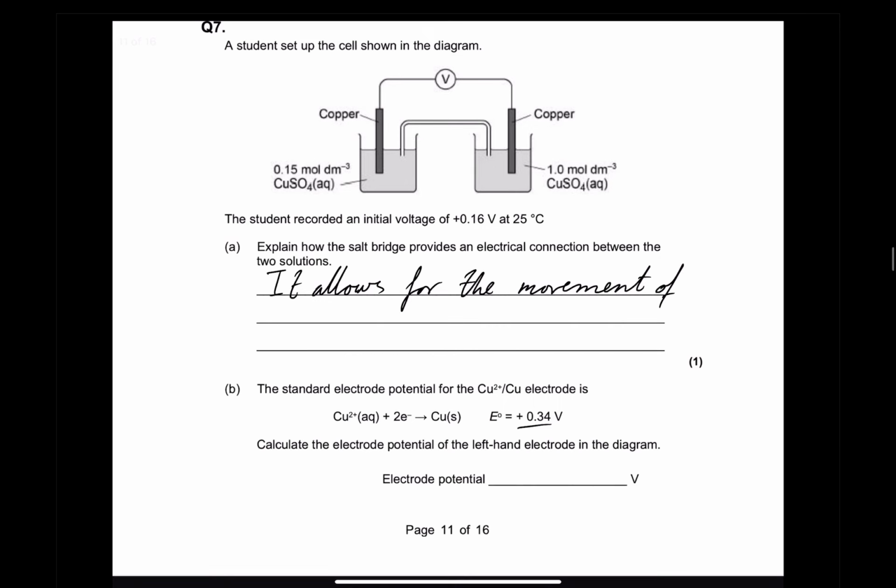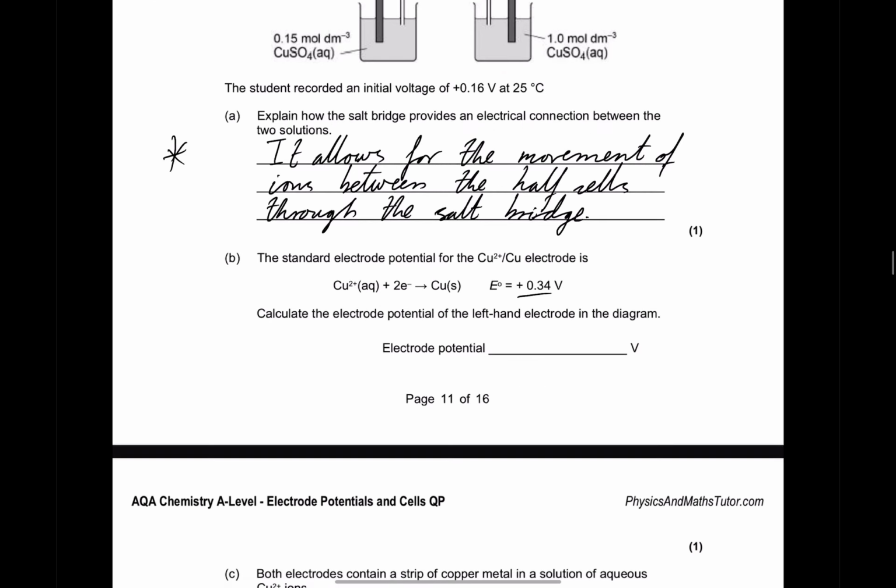The salt bridge allows for the movement of ions between the half cells. Should I say to maintain charge balance? I'll leave it there, and add it if I have time at the end, but it's not really necessary right now.